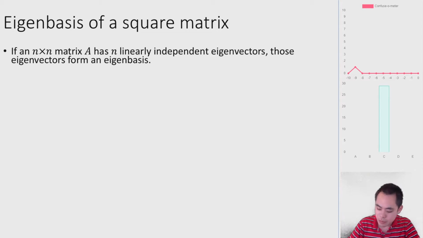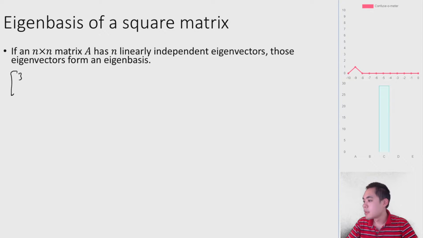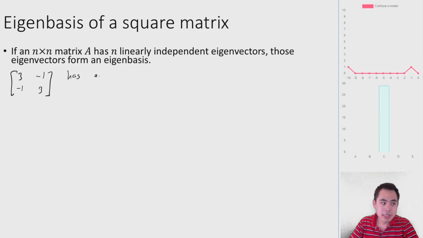Let's give an example. So we have the matrix [3, -1; -1, 3]. We already know the two different eigenvectors, and we just showed that they were linearly independent. So this has an eigenbasis (1, 1), (1, -1).